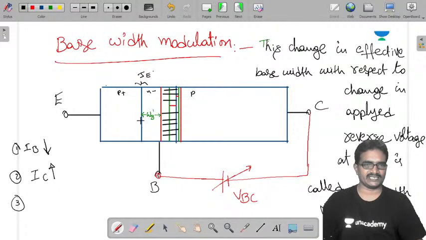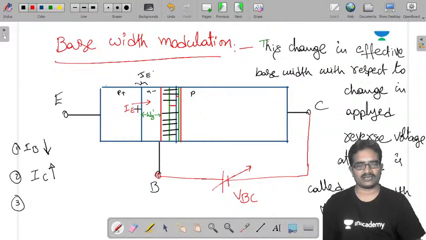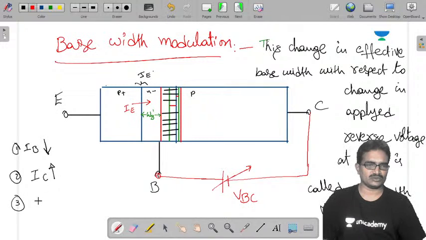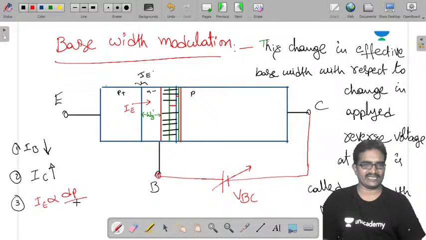Third one is emitter current. See, the emitter current we have is a diffusion current. The emitter current crossing this junction is diffusion current. So the emitter current is directly proportional to the concentration gradient of holes in the base, dP by dx. Now this is your dx. It is going to be diffusing in the base region.